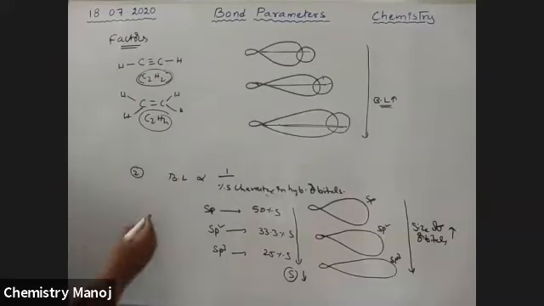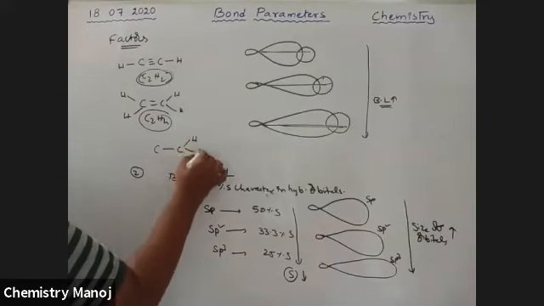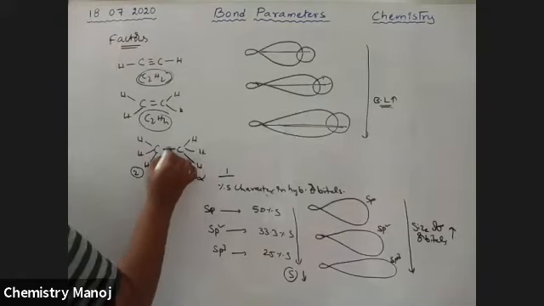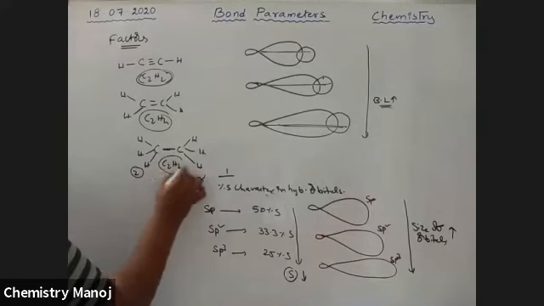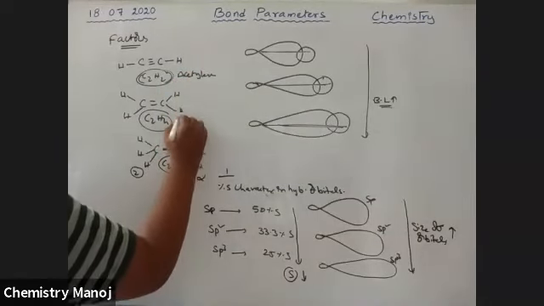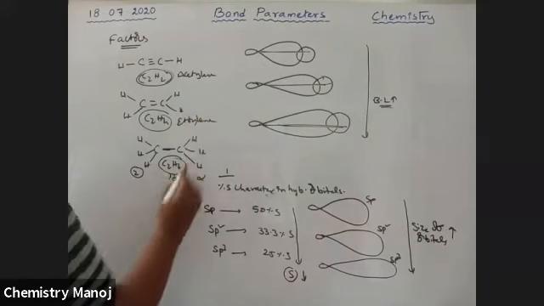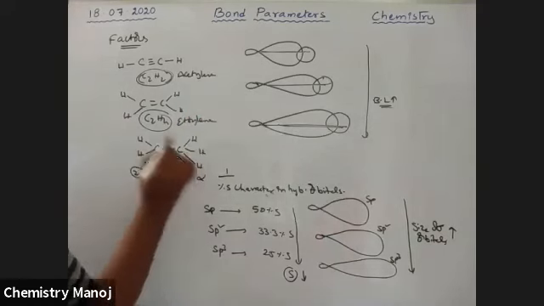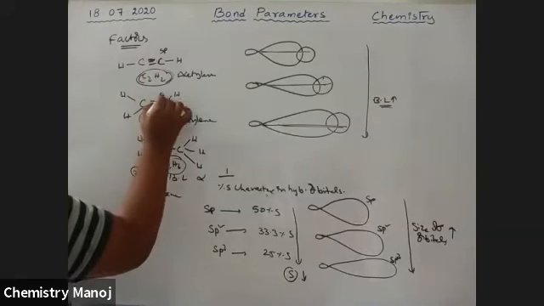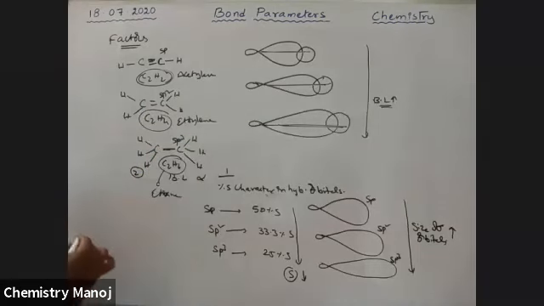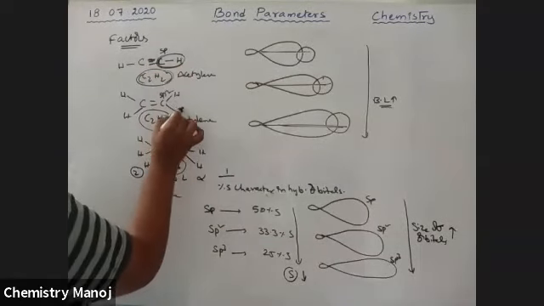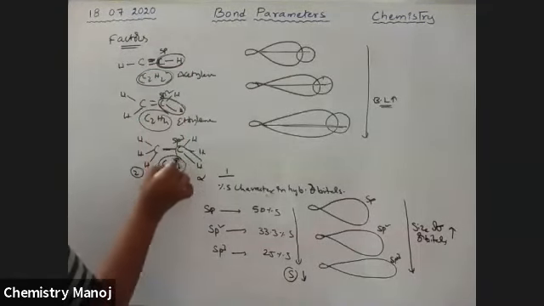Next, C single bond C with three hydrogens each, it is C2H6. It is acetylene, ethene or ethylene, and ethane. Here carbon with a triple bond is sp carbon, then sp2 carbon, then sp3 carbon. The sp carbon is small in size, so its CH bond length is the smallest.